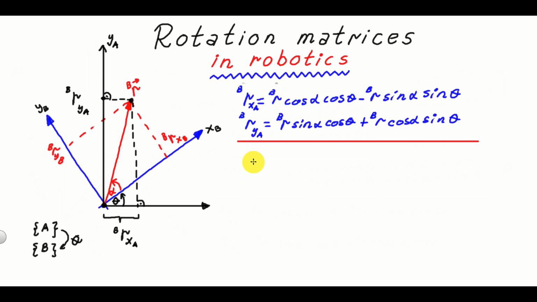Good, so let's write it down. We will have RXAB is equal to, instead of RB cosine alpha, we will simply write the projection RB xb. And over here we will have cosine theta. Then we will have a minus sign.